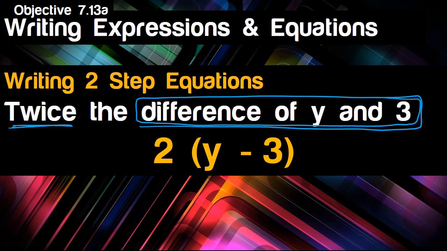And we need to take twice this whole thing. So that's why we're going to put 2 on the outside of y minus 3, and use parentheses for y minus 3. We're going to do y minus 3 first when we do order of operations, and then whatever that answer is, we're going to multiply that whole thing by 2.